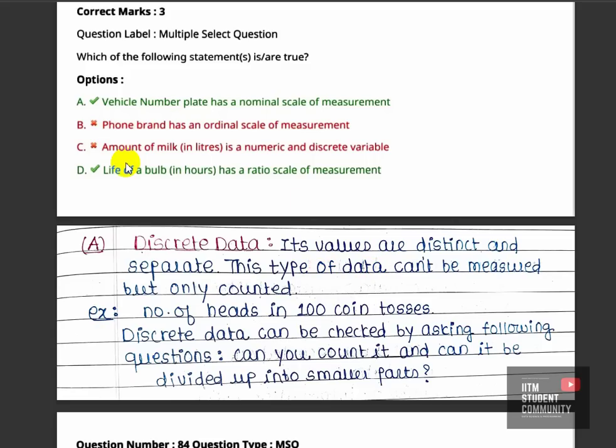Now here the amount of milk, we already have a measure here, we can measure it in liters, so this option gets eliminated. Life of a bulb in hours has a ratio scale of measurement. Yes, time is a ratio scale of measurement. Here they have particularly mentioned hours, so this is a correct option.